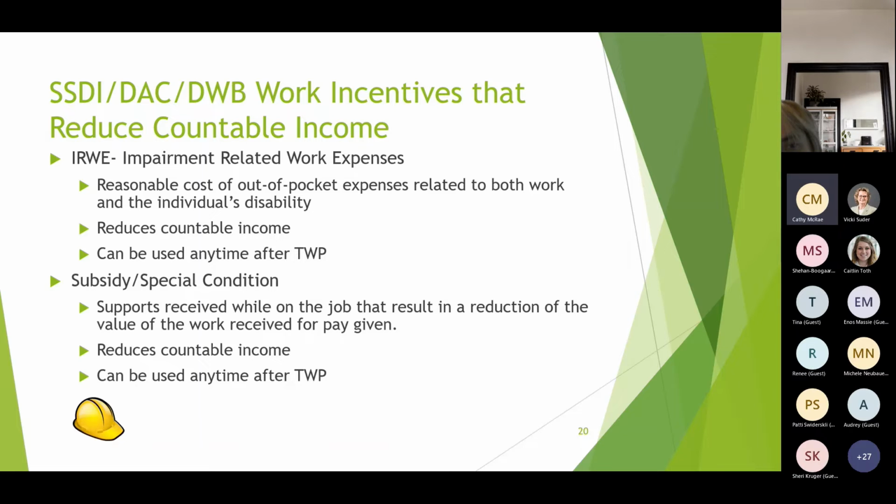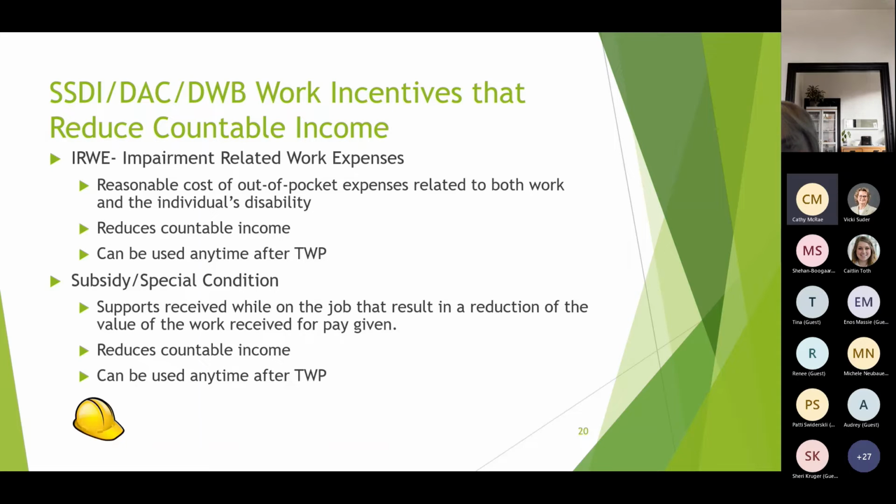So an example I often use is, let's say you have to have a lift in one of your shoes in order to be able to stand on your feet all day to do your job. That is both related to your disability and to your needs for work. That would be considered an impairment-related work expense.